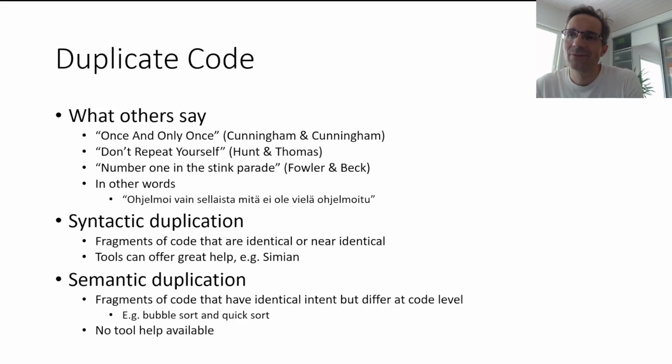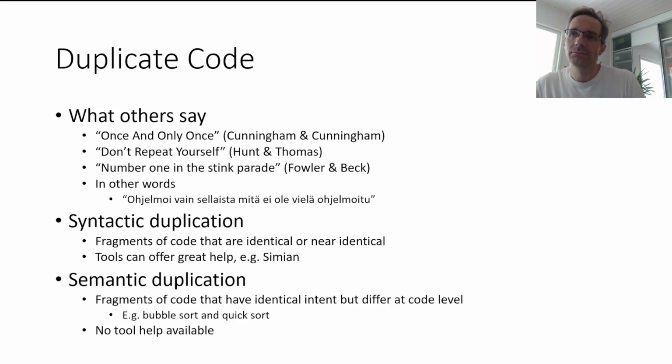But then we have semantic duplication, which is basically fragments of code that have identical intent but differ at the code level. And looking at a high enough level, we could think that different sorting algorithms would be duplicate code. So if you have implemented quicksort, you have implemented bubble sort and all that kind of stuff.